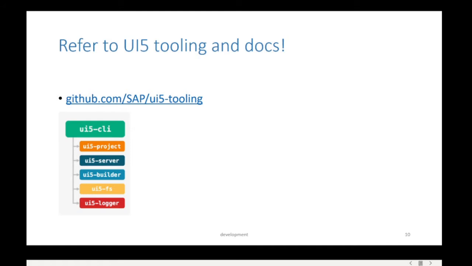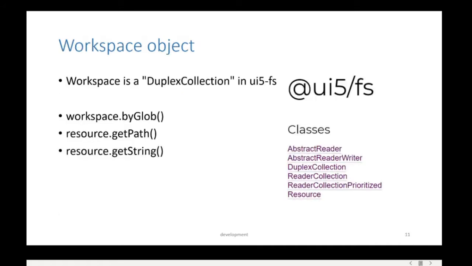And for file system, UI5 file system, I had to read documents to find out all of the options Workspace has, because you can find out that Workspace is a duplex collection in this library, and then you can find its functions like by glob, or with this you will get resource lists, and you can then learn that you can use getPath or getString.